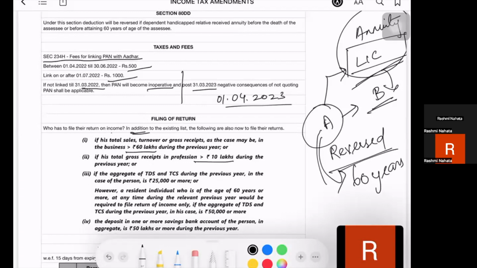If TDS or TCS exceeds 25,000, or a senior citizen is having deduction of up to 50,000 or more, then also he will have to file the return. And if the deposit in a savings bank account, maybe one or many savings accounts, is 50 lakhs or more during the previous year, even then they are supposed to file their returns.